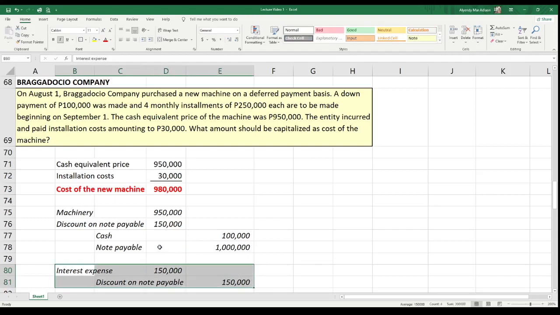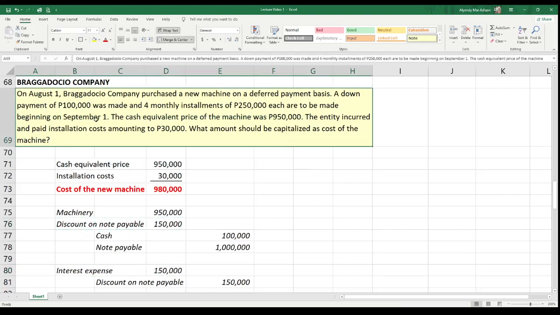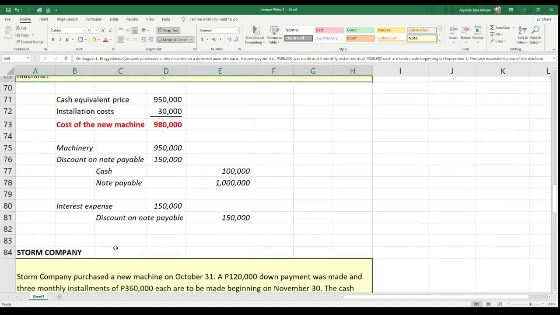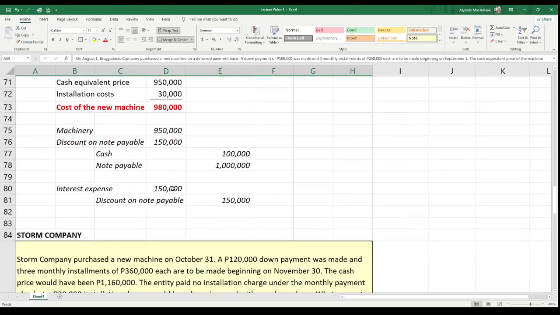Okay, so if you will be asked how much is the interest expense for that year, then you will answer 150,000. Okay, because it will be finished by the end of the year, since the payments are monthly. Okay? So, that's it for this problem.